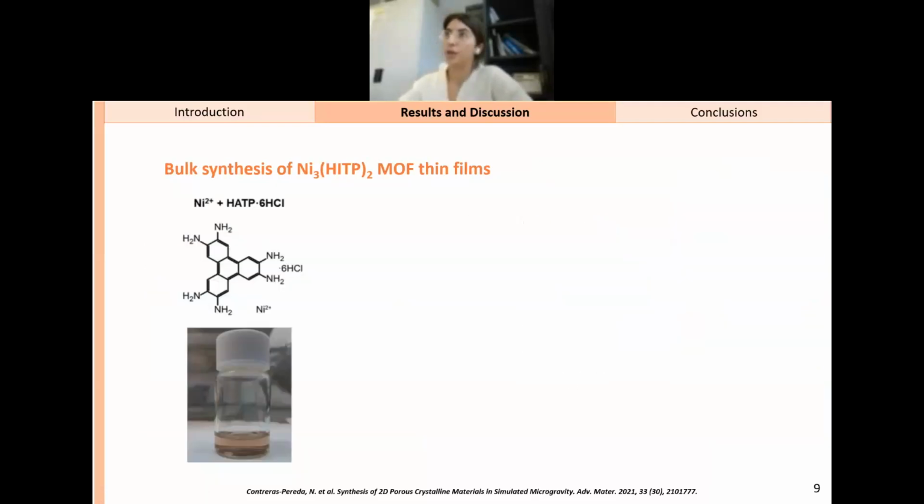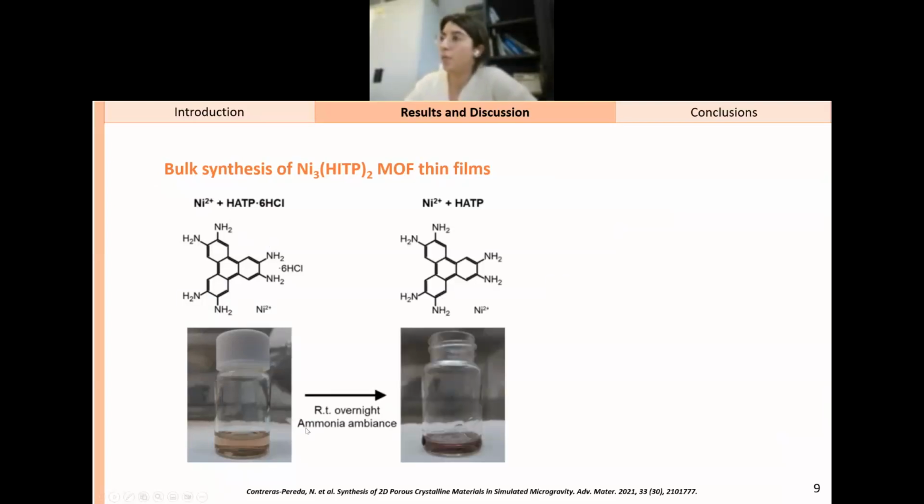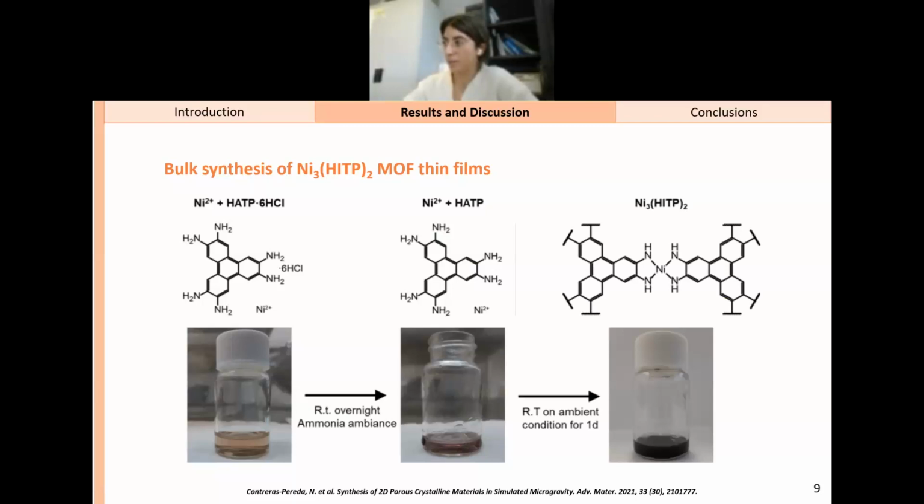So in contrast, when you do this in bulk, what happens? So this is the nickel and HITP, the ligand, that has this particular color. Once you put it in the ammonia, you observe this pink color, and again, once the MOF is formed, you observe the black characteristic color.